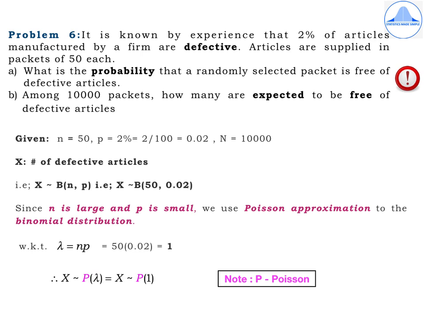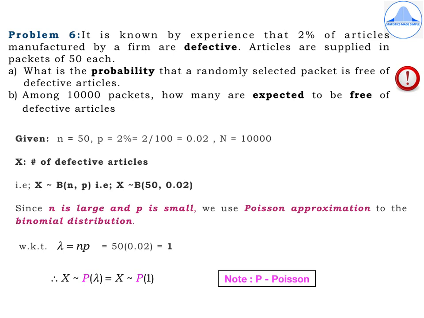Then write p equal to 2%, that is the probability of an article being defective. Then 2% you convert to decimals, which is 2 divided by 100, which is 0.02. Now in the second subdivision, they have mentioned 10,000 packets. That means capital N is equal to 10,000.